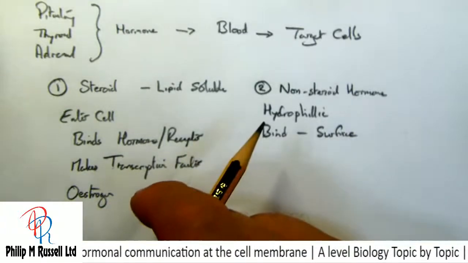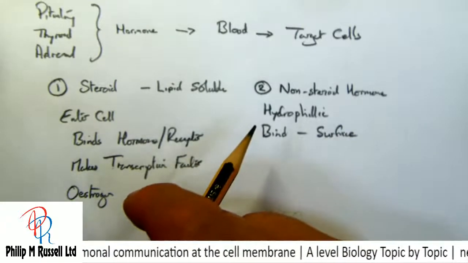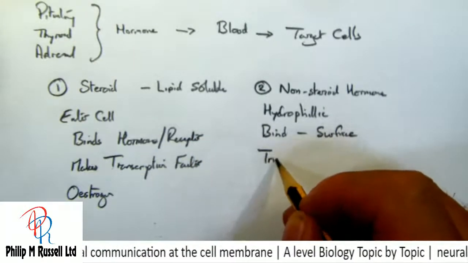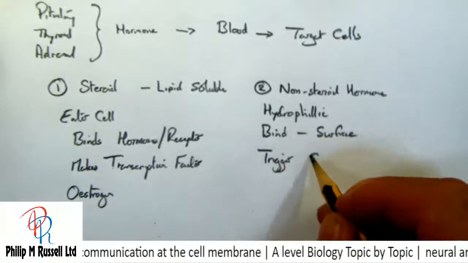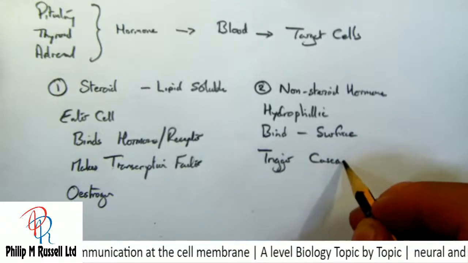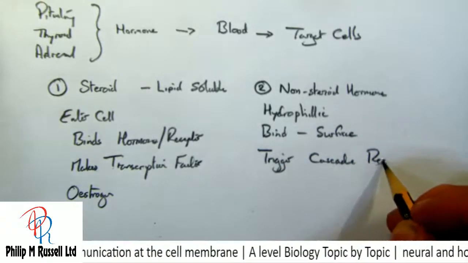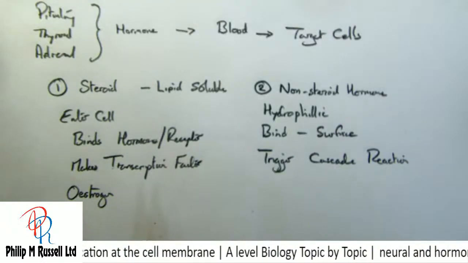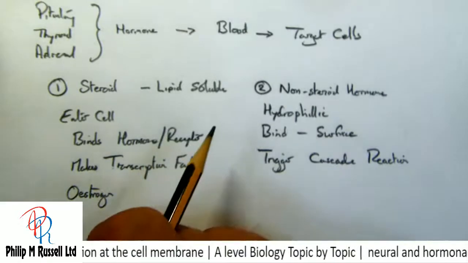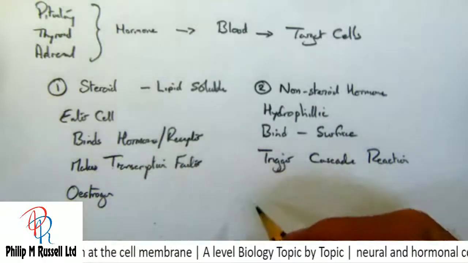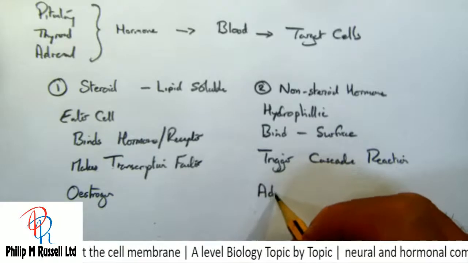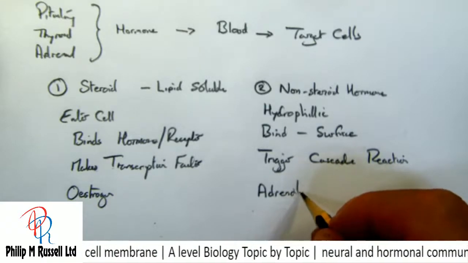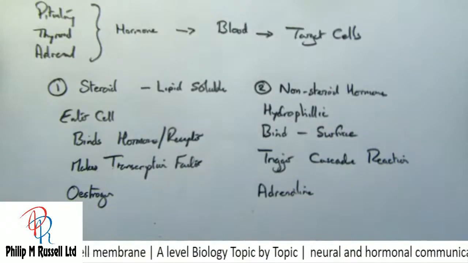And by binding to something on the surface of the cell, they've then got to basically trigger what we'll call a cascade reaction. And that will then create a second messenger. And an example of this is adrenaline.